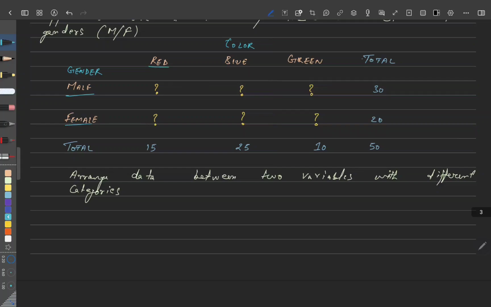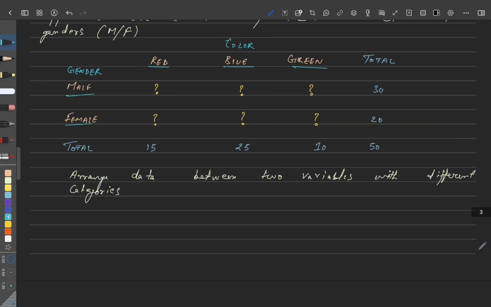Color has three categories, red, blue, and green. No matter how many categories we have, but those categories should belong to any of the two variables. The variables should be two, and that is the reason it is called two-way tables, because only two variables we can assign in a two-way table, and that would be meaningful in a meaningful way basically.